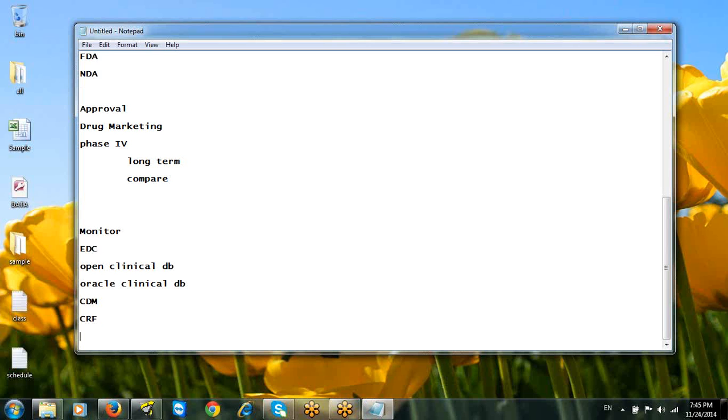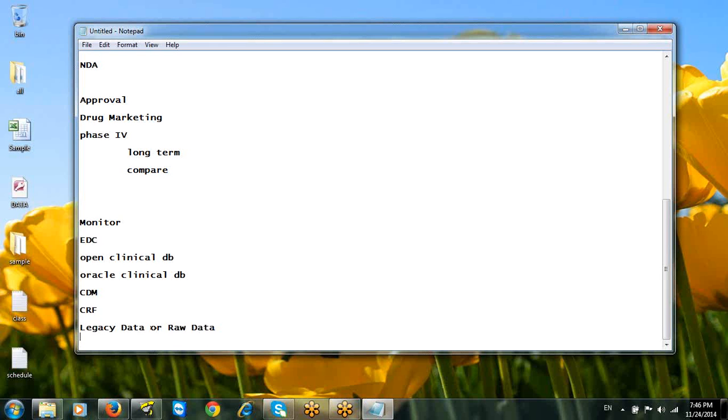But whatever data they have collected during the study will be called legacy data. Or in normal terminology, you can call it raw data. In clinical terminology, we call it legacy data, or in normal terminology, raw data.